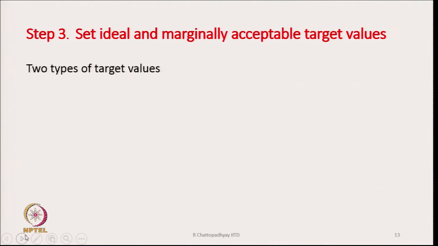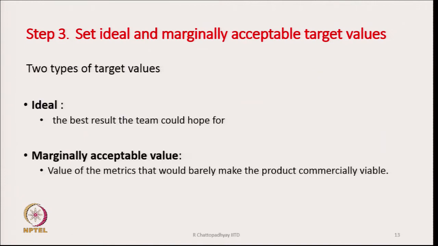Then comes this set of ideal and marginally acceptable target values, so that the designer has a choice. Two types of target values could be there. Ideal is the best result the team would hope for. If I can achieve this, that is what is ideal.